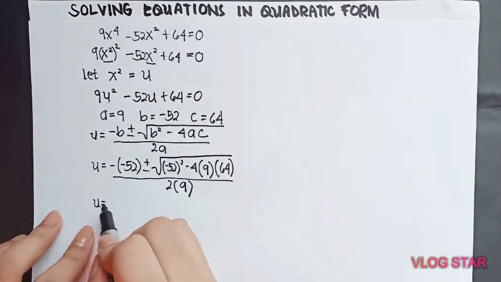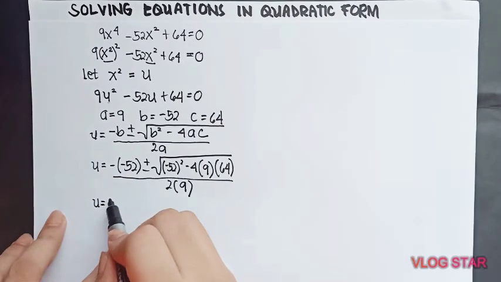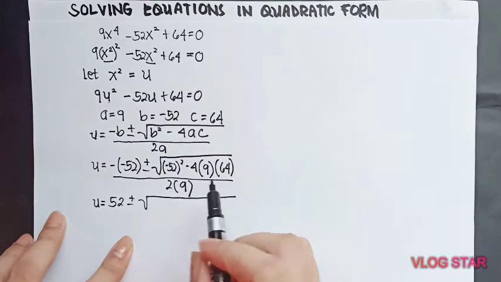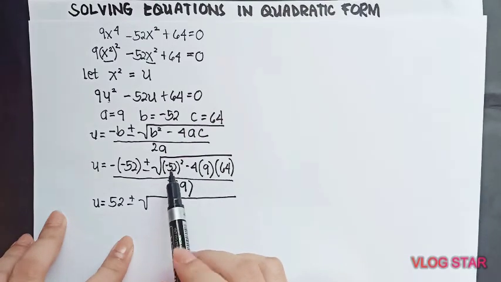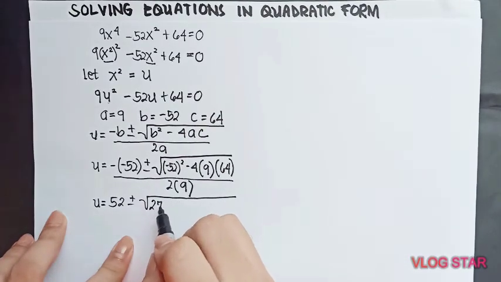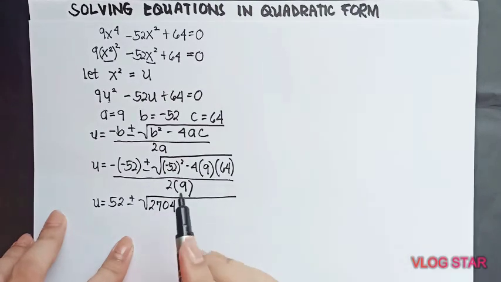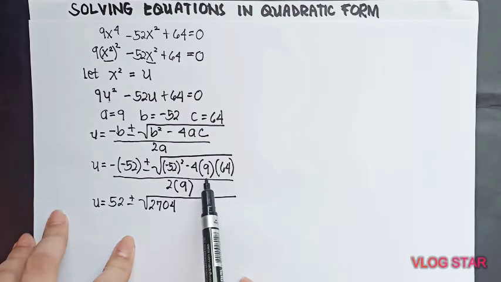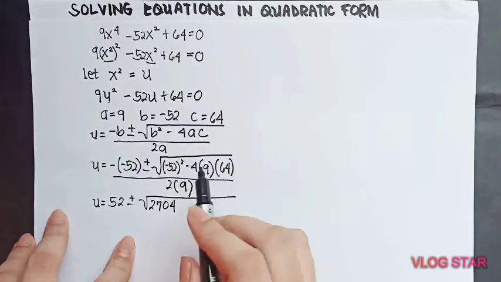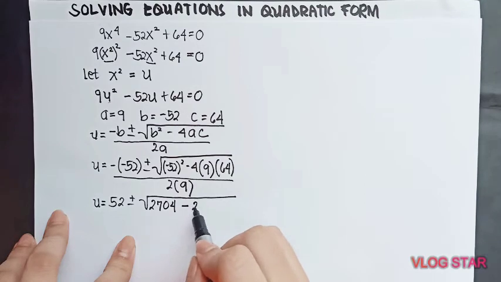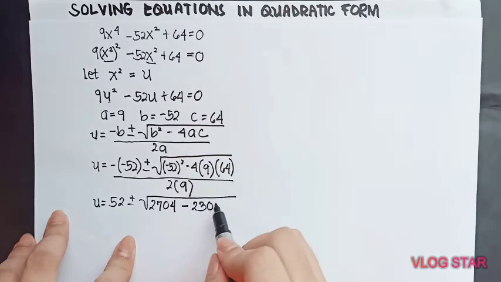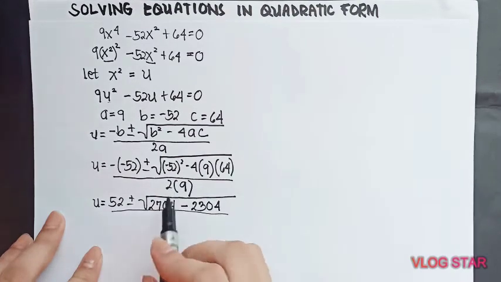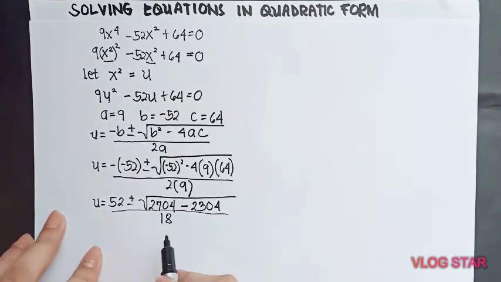So we have u equals negative times negative 52, that's positive 52, plus or minus the square root of, so the square of negative 52 is 2,704. It's kind of a large number. Then negative 4 times 9 is negative 36, times 64. Use your calculator to recheck. So that's 2,304, all over 2 times 9, which is 18.